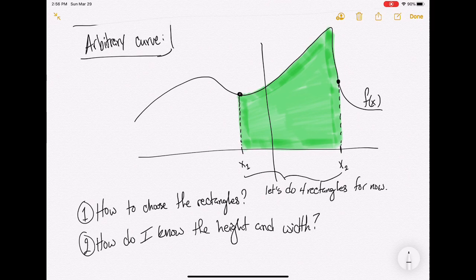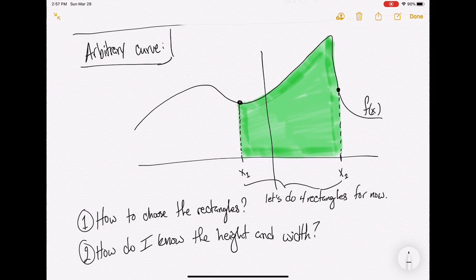And let's do equally spaced rectangles too. You want them all to have the same width. So to do that, I'm just going to guesstimate in half, half, and half. And then I'm going to draw these straight up.